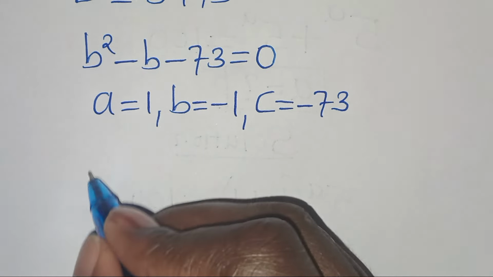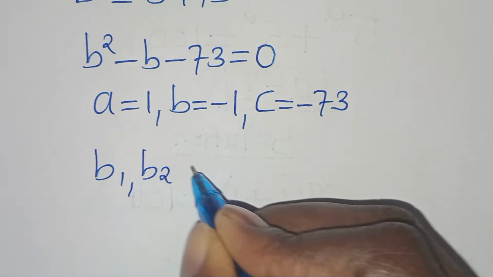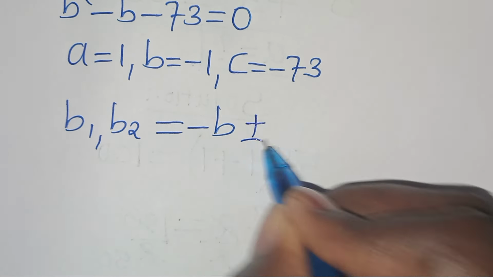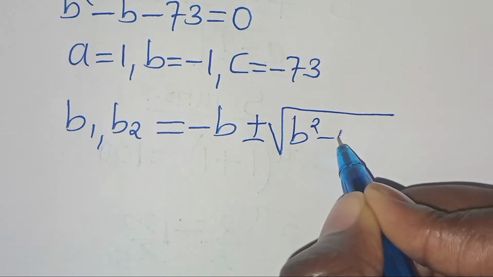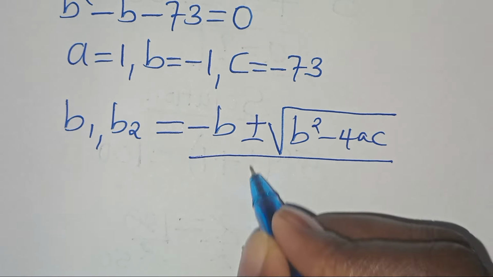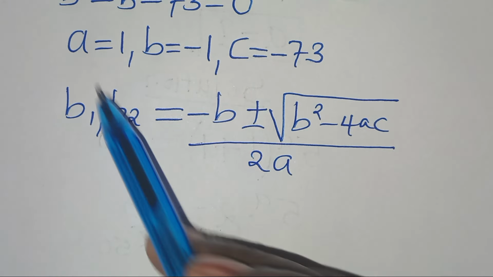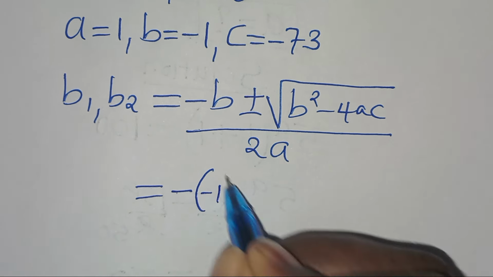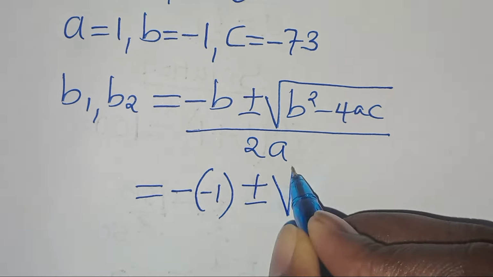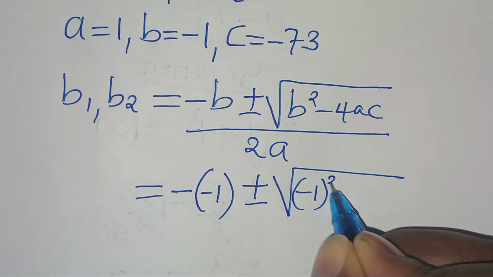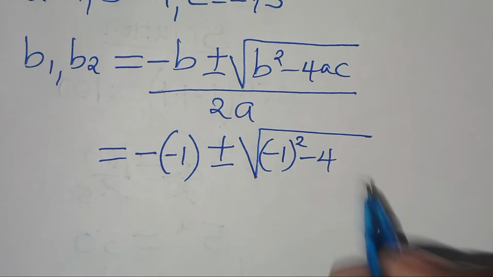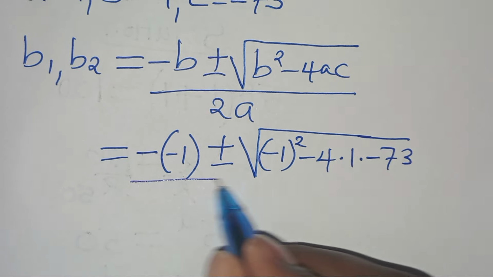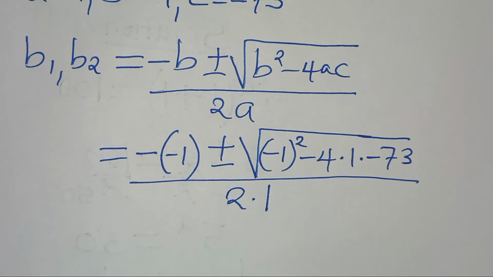Now we can solve for b1, b2 by applying the quadratic formula here, which is minus b plus or minus the square root of b squared minus 4ac, everything here divided by 2 times a. So let's substitute the values of a, b, and c into this formula here, so that we have minus minus 1 plus or minus the square root of minus 1 squared minus 4 times a, which is actually equal to 1, then times c, which is minus 73, everything here divided by 2 multiplied by 1.